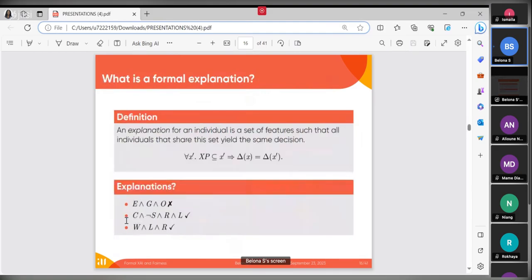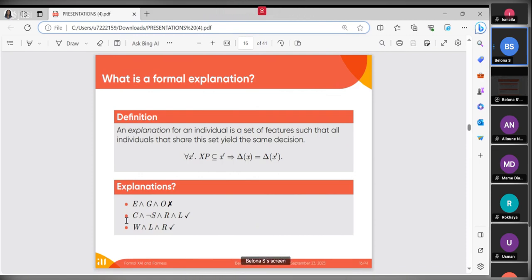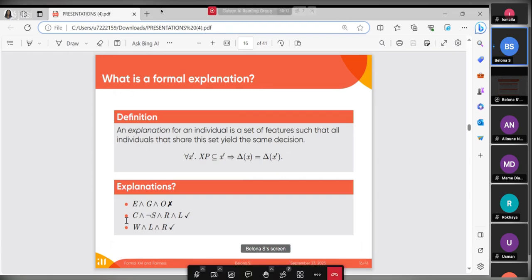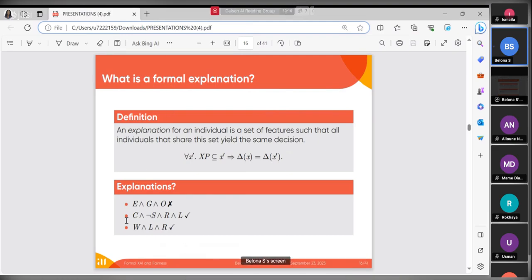So now that we know all the notation, we can define a formal explanation for an individual as a set of features that is responsible to trigger the final decision of that individual.